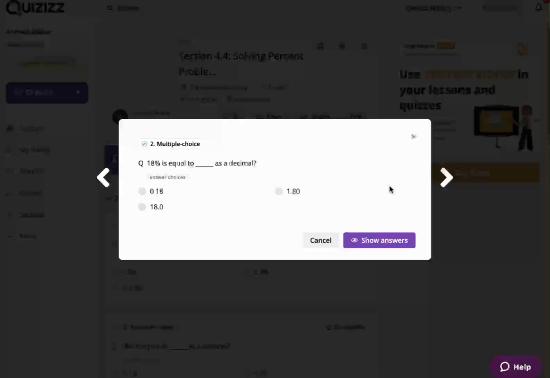In the next question, we need to write 18% as a decimal. Hamad? Rawi? Yes, teacher, I'm here. Okay, wait, Hamad. 18% as a decimal is 0.18.